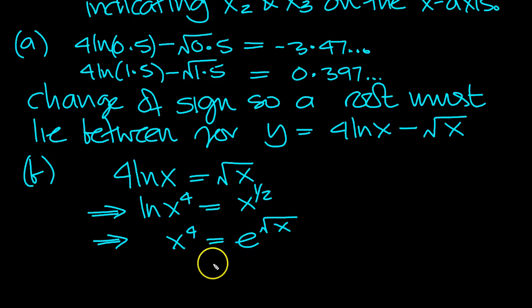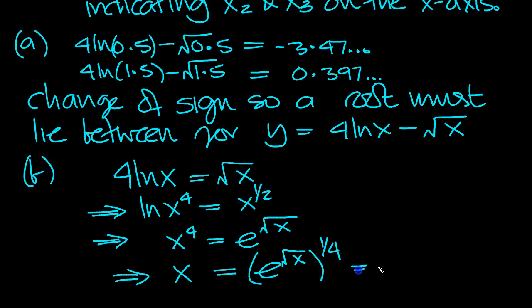So x to the 4 equals e to the root x. Take the 4th root then, so that tells us x is equal to e to the root x to the power quarter, which is equal to e to the root x over 4, isn't it? Which is what we wanted to show.